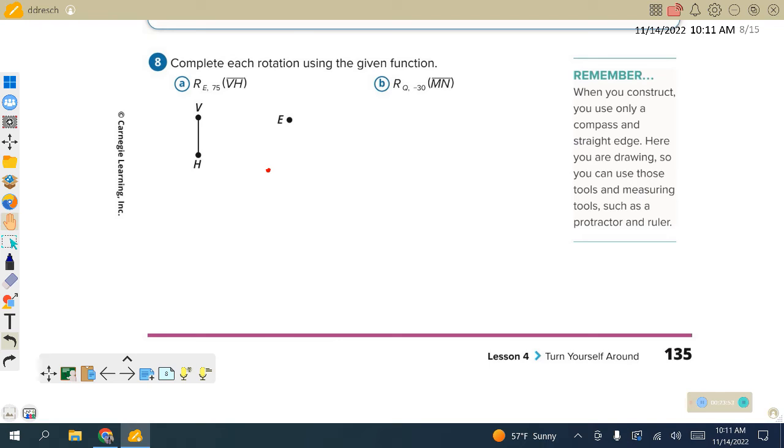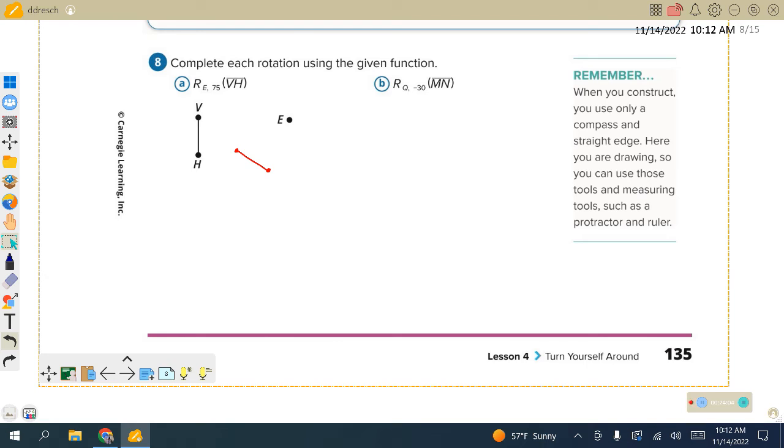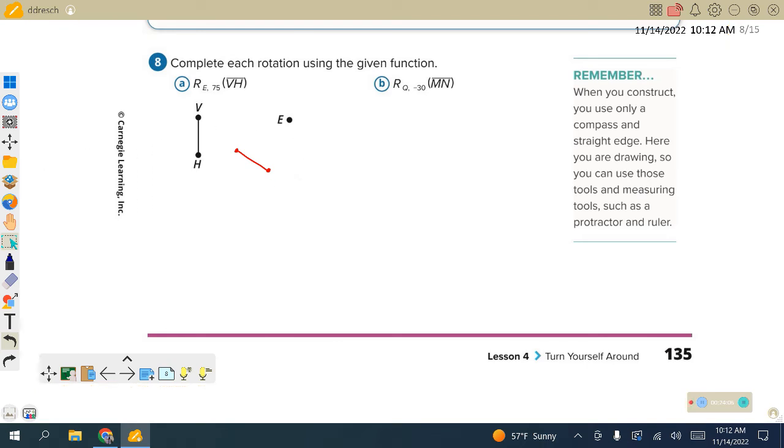So if I rotate this, what did we just say? 75 degrees. All right. VH should look something like there. Probably a little bit further away, actually. Maybe a little bit further away.